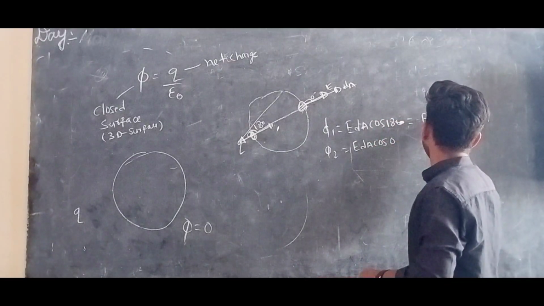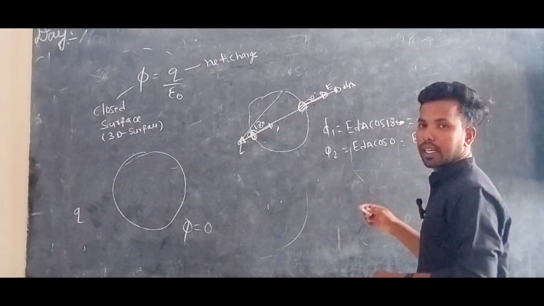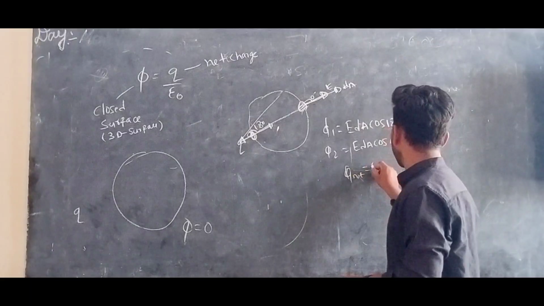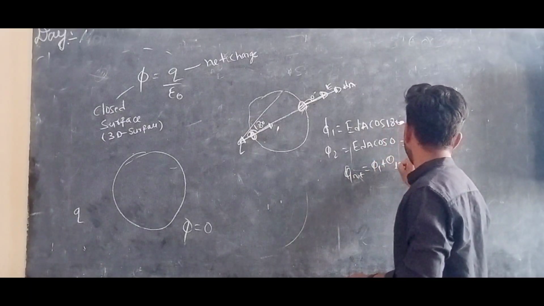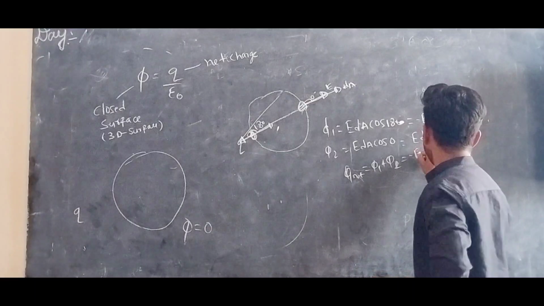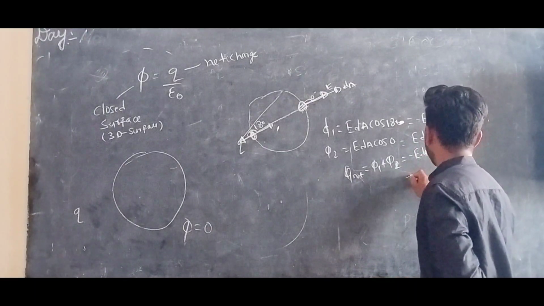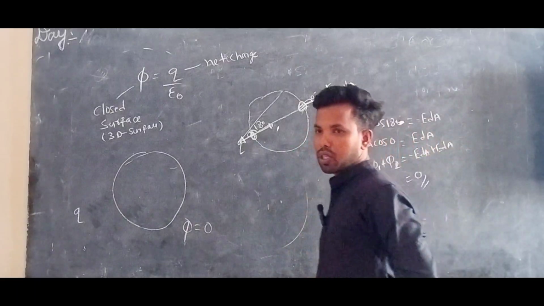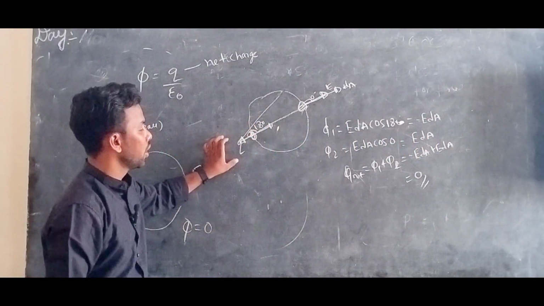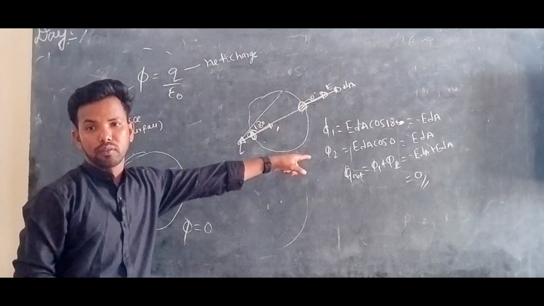So minus E dA plus E dA. The net flux is flux one plus flux two, which is 0. So if the electric charge is placed outside the surface, outside the 3D surface, the electric flux on that is 0.